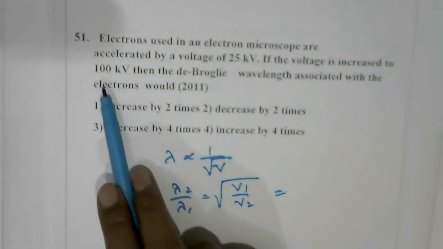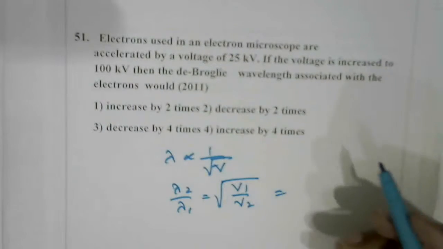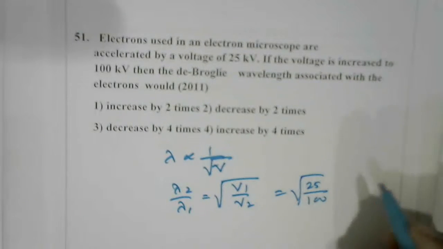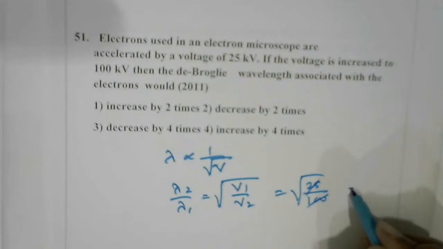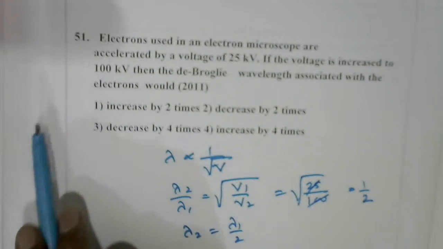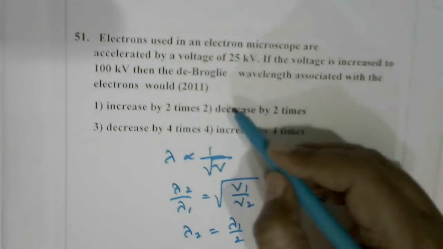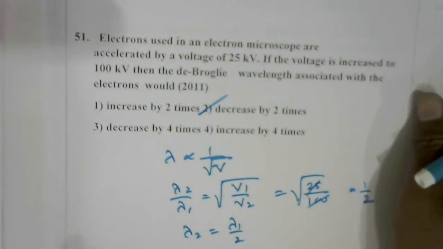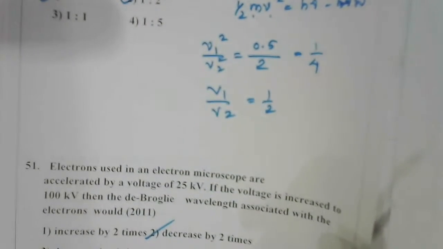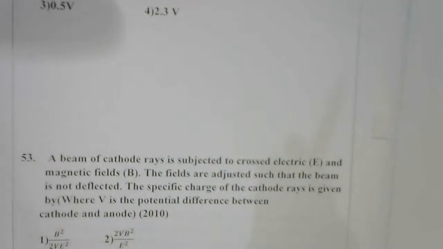They are saying it changes to 100, so fill in the value directly. 25 by 100 becomes 1 by 4, meaning 1 is to 2. So lambda 2 becomes lambda 1 by 2. If you make the voltage 4 times, the wavelength is going to decrease by 2 times. Yes, second is the correct answer, Suman.